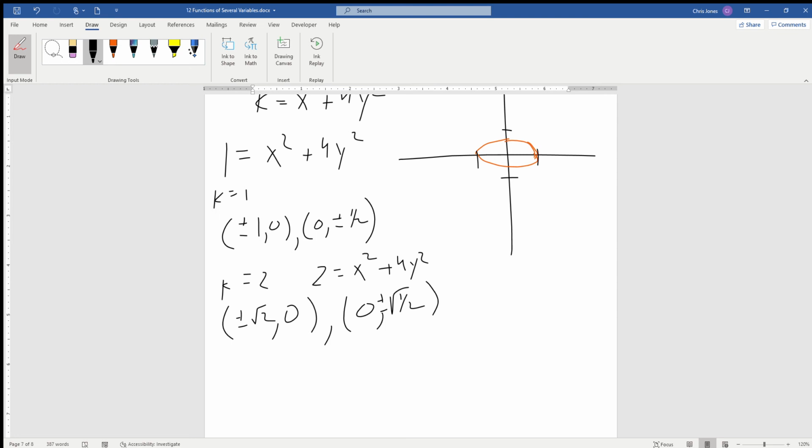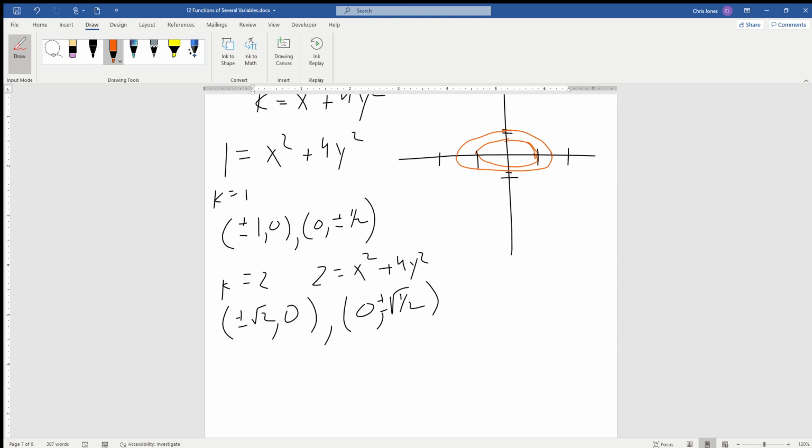So if I was to plot it, maybe right in the middle here and here. And then the square root of 1/2 is 0.707, so maybe pretty close up here. So if I were to guesstimate what our other ellipse might look like, maybe something like that.